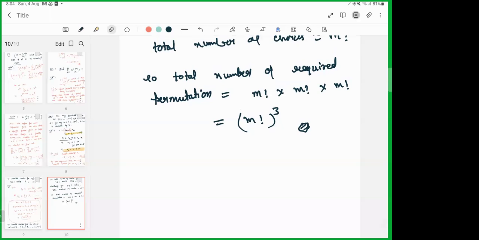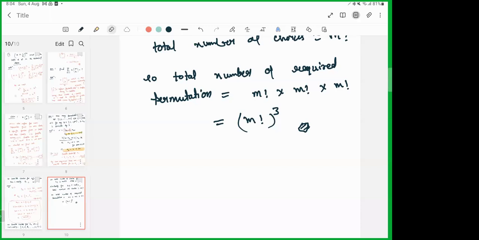For each slot type we have m factorial. For A_K where K is congruent to 0 mod 3, we have exactly m factorial choices. For K congruent to 1 mod 3, we have exactly m factorial choices. For K congruent to 2 mod 3, we have exactly m factorial choices.